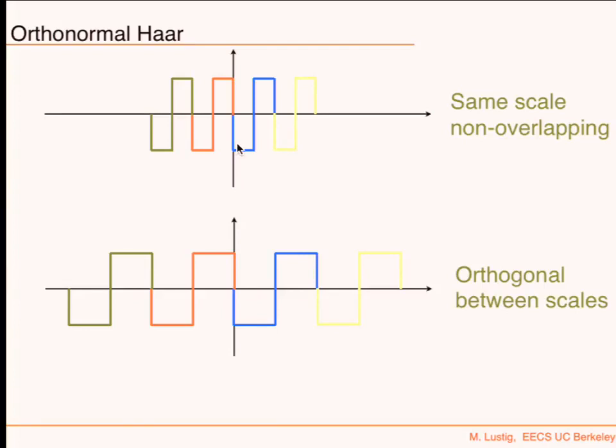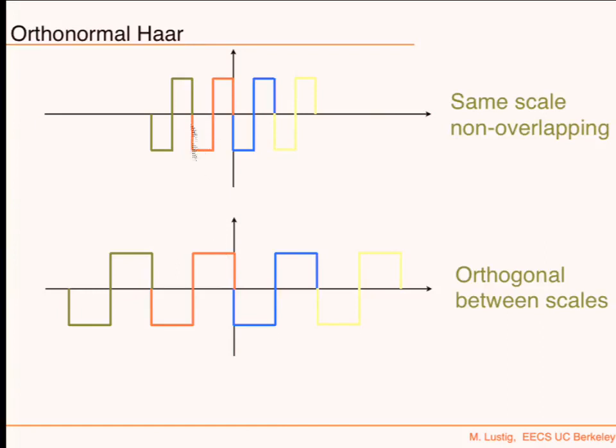Then if I go to the next scale, if I scale that exactly by a factor of 2, this guy over here will fit exactly within a positive lobe. So if you have negative, positive, same area, multiplied by something that's constant, you integrate over that, it still gives you a 0.